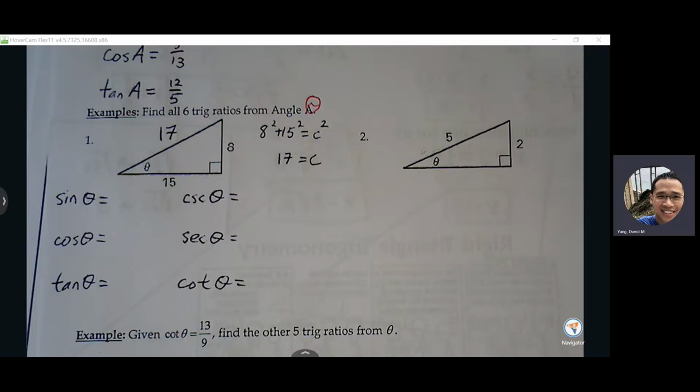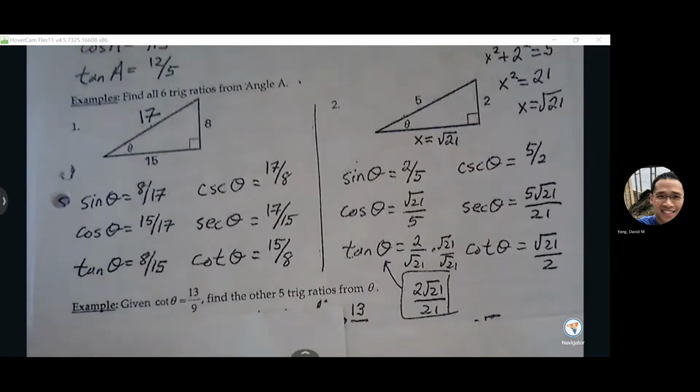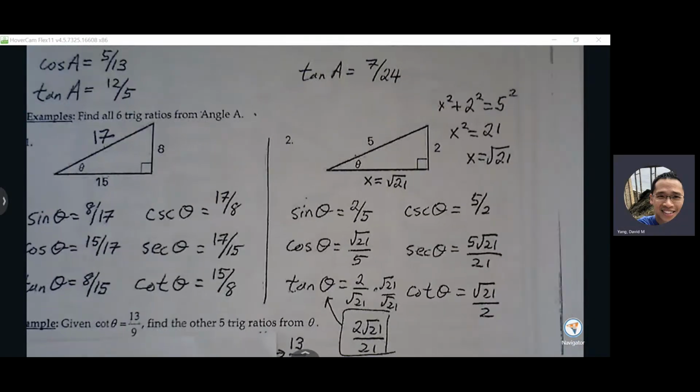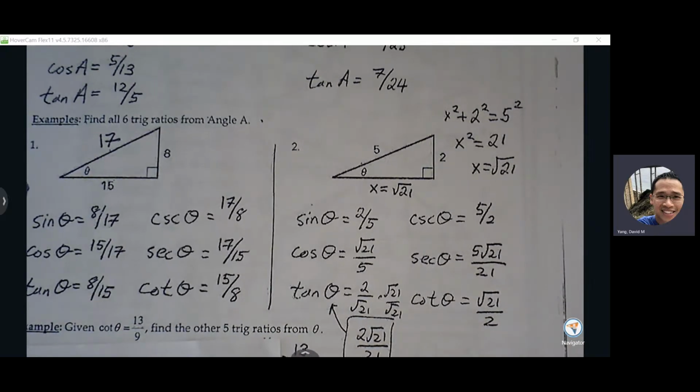Okay, this one. Let's check how we did initially for number 2.